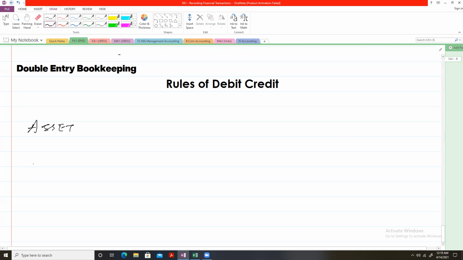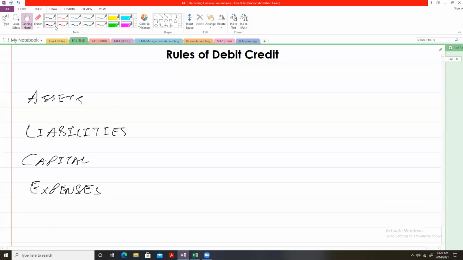Assets, liabilities, capital, expenses, and revenues. These are the five important concepts of accounting.